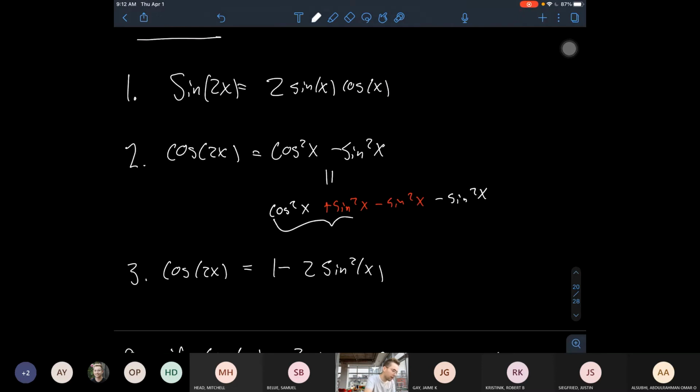And then this first part here is 1, because cosine squared x plus sine squared x is 1. That's a Pythagorean identity. And then the second part here is minus 2 sine squared x.